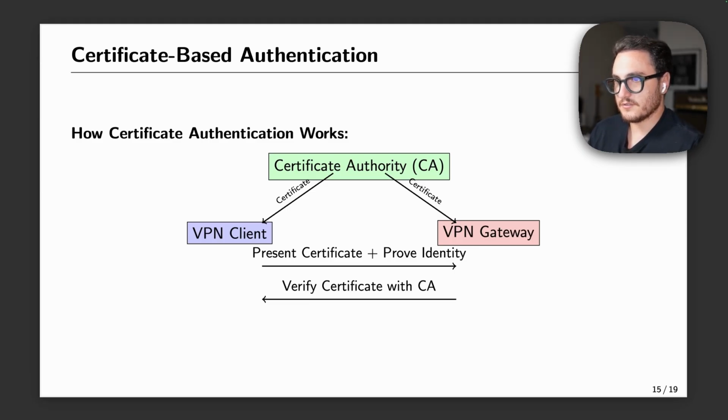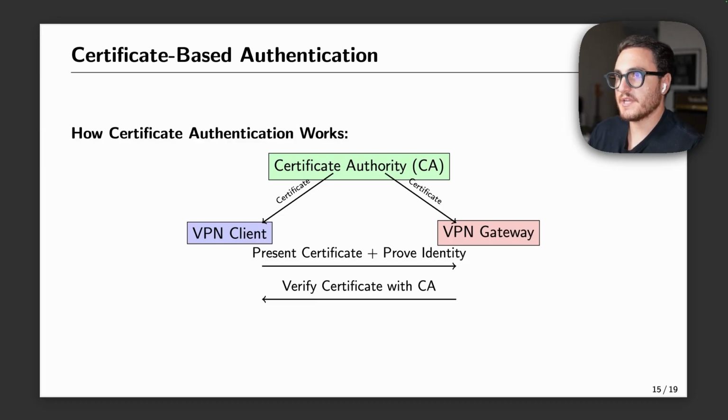The system administrator takes that certificate request, takes the certification authority key, signs that certificate, and sends over to the VPN client both the certificate for the client and the certificate for the certification authority. And the certificate for the certification authority is going to be needed to tell the server, hey, I've been issued that certificate by this guy, who is the same guy that issued your certificate. And this is basically how it works.